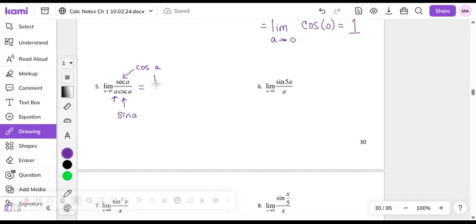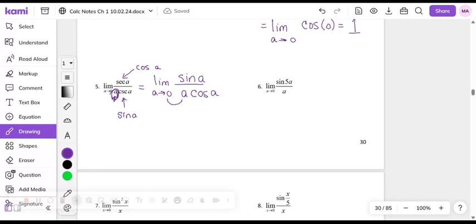So what I'm going to do is rewrite all of this. I'm going to keep this a in the denominator, but I'm going to take cosecant of a and rewrite it with the reciprocal sine of a, which goes to the numerator. And I'm going to rewrite secant of a with cosine of a in the denominator.